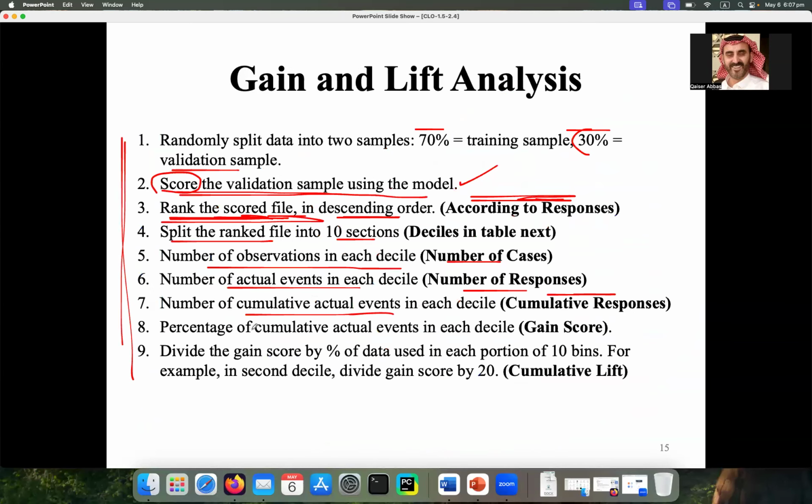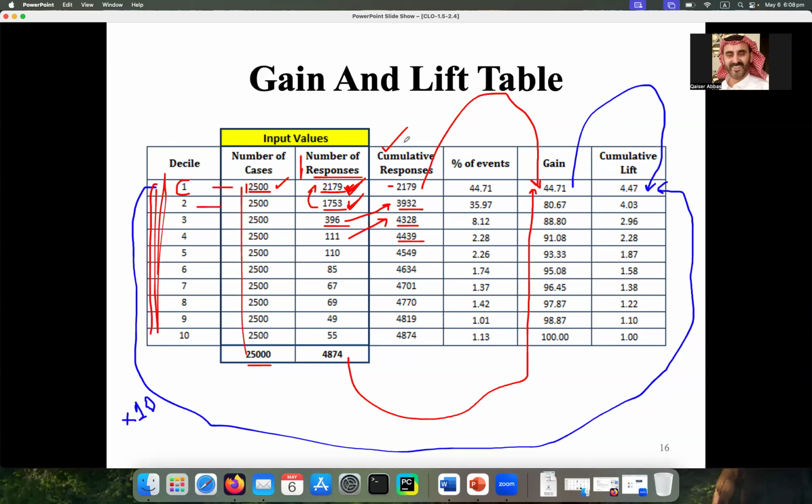Now, what is next? Percentage of cumulative actual events in each decile. We are calling it the gain score, or simply gain. We are up to this point, and how are we calculating this gain, which is the gain score? I have already drawn it here.